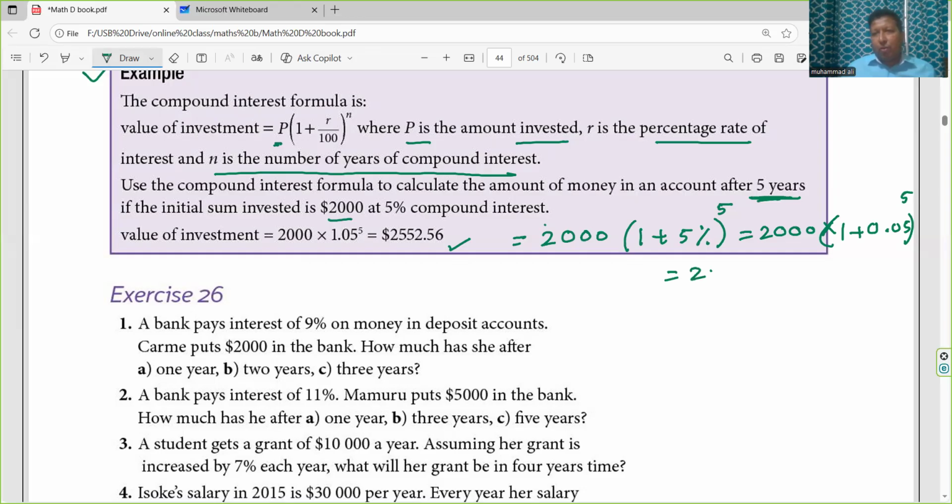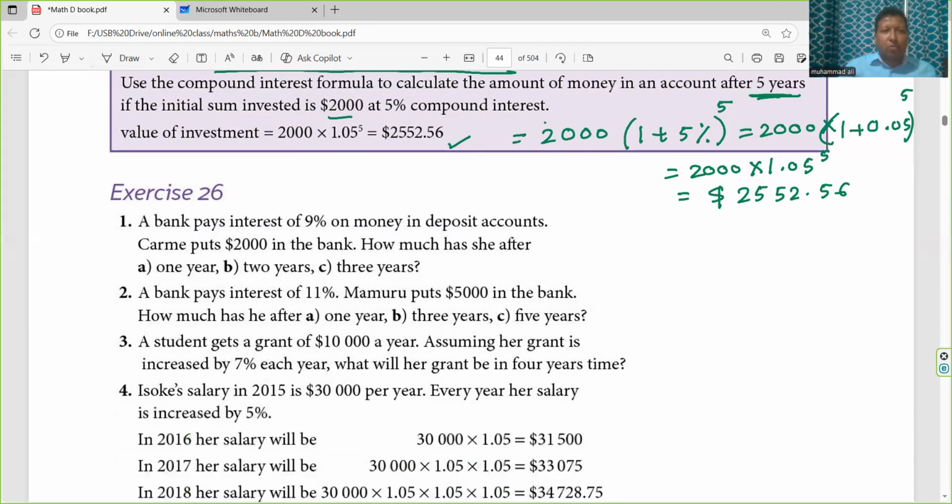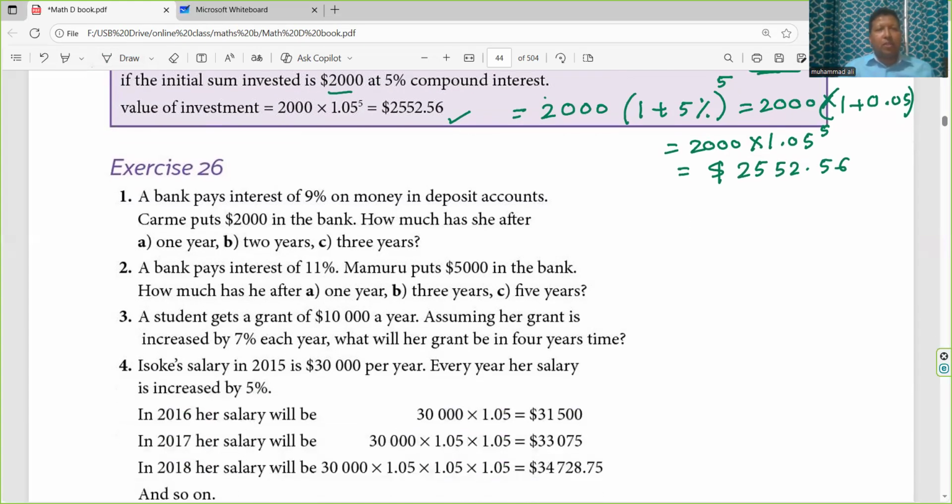That is 2,000 multiply 1.05 to the power 5. So finally we get $2,552.56.